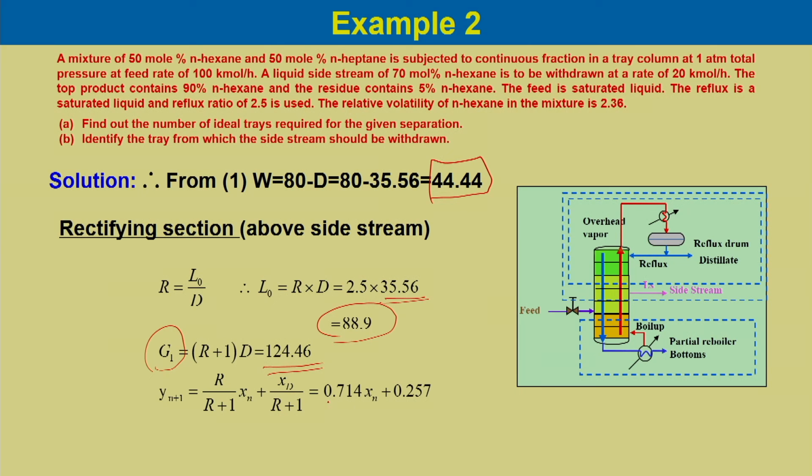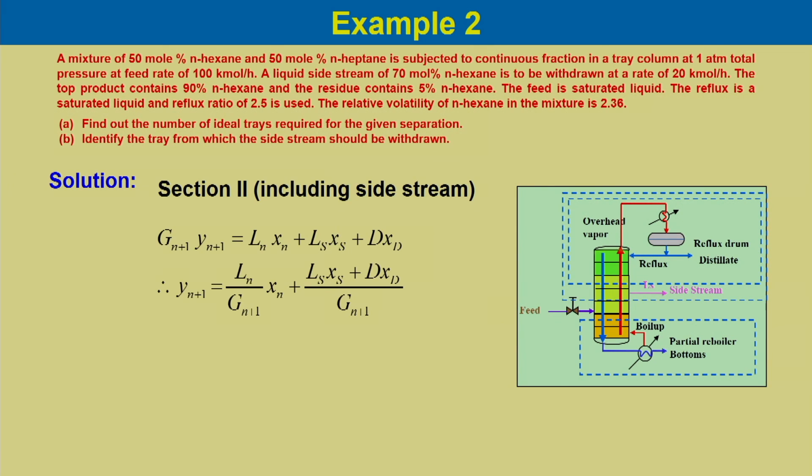So, it would be 0.714 xn plus 0.257 is the intercept. Now, for section 2 including the side stream, the material balance equation would be y n plus 1 equal to Ln by G n plus 1 into xn plus Ls xs plus D xD by G n plus 1.